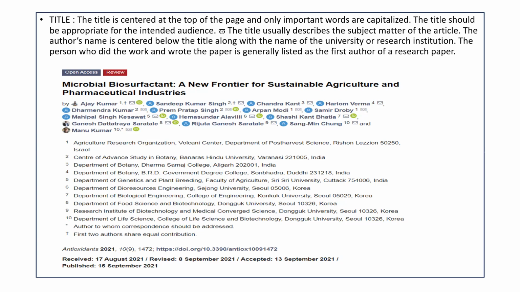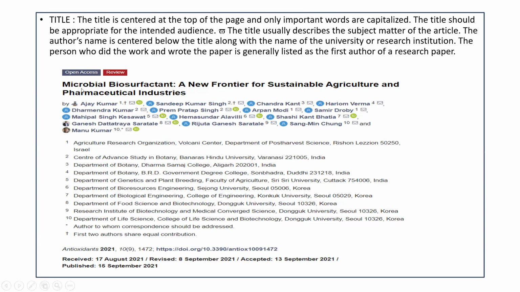Suppose I want to add another scientist's name because he has helped me a lot, then I have to take permission from that author, as well as from whoever the co-authors are. Those who have actually worked on your research topic, whose names you are going to add, you have to take permission from them. They are also called co-authors.